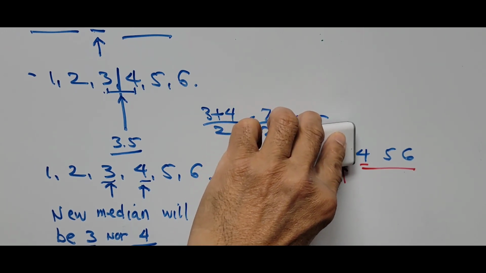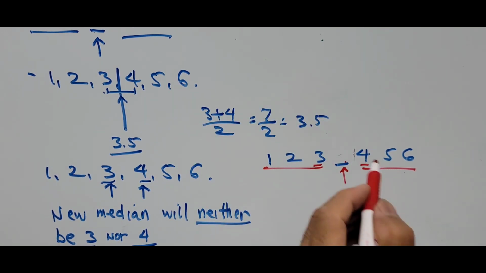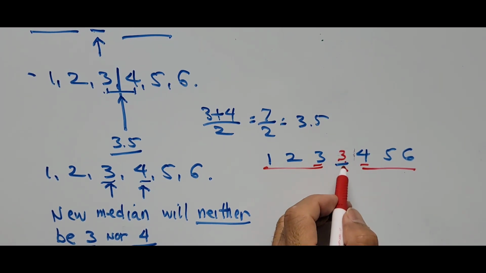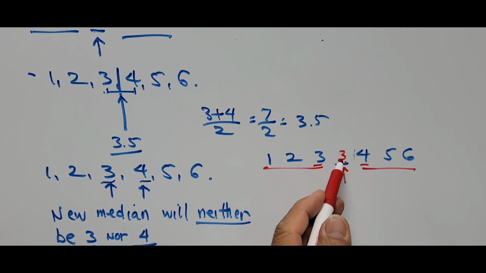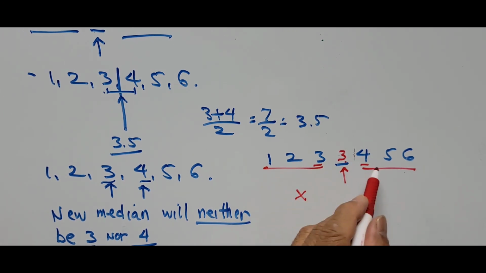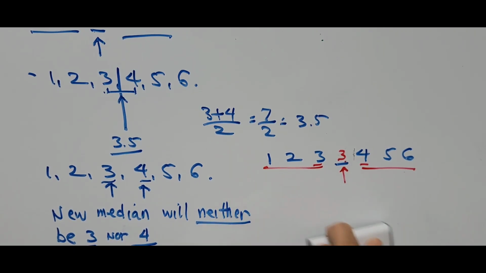And what if we put 3 as the new value? The new median will be 3, but the condition here is neither 3 nor 4. So that simply means it's in between 3 and 4. So the value of x is in between 3 and 4. How are we going to signify that in an inequality?